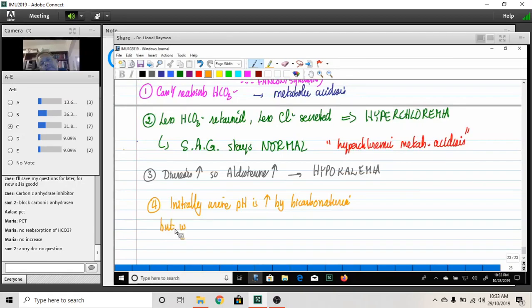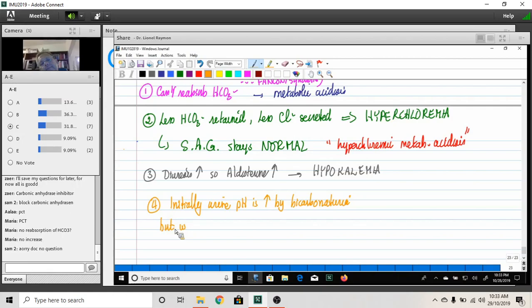But within days, any acidotic state causes distal intercalated cells to secrete protons in the tubule to fight the acidosis.